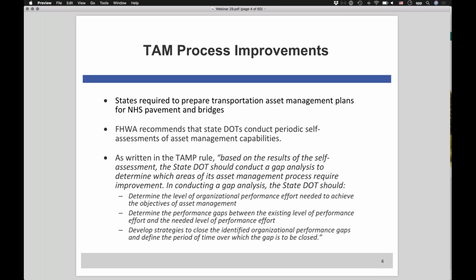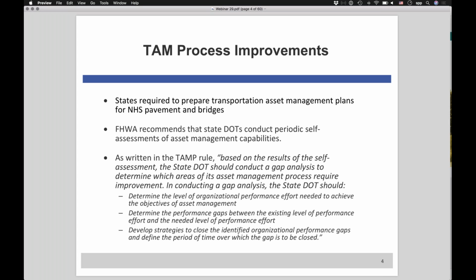We have covered many topics over the course of these webinars. With today's topic, Transportation Asset Management Process Improvements, we are taking a closer look at an area that is sometimes overlooked in discussions of the TAMP rule, despite its importance in the TAMP development process.